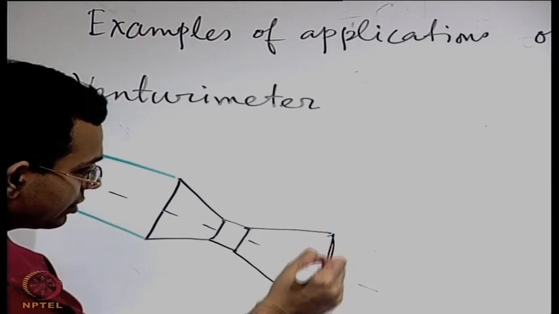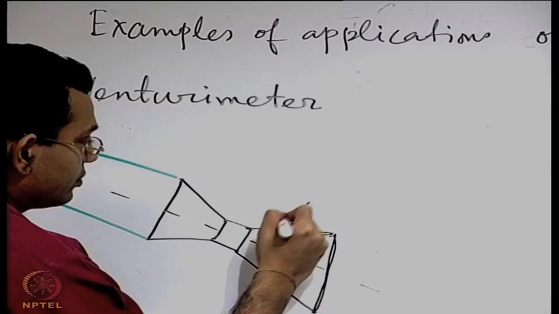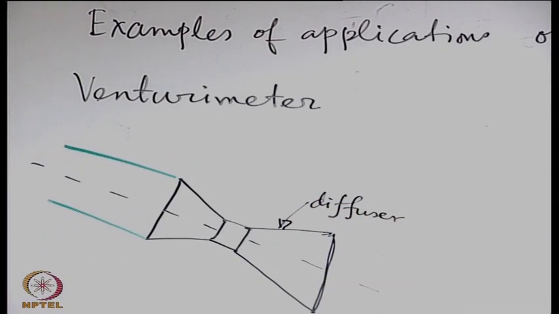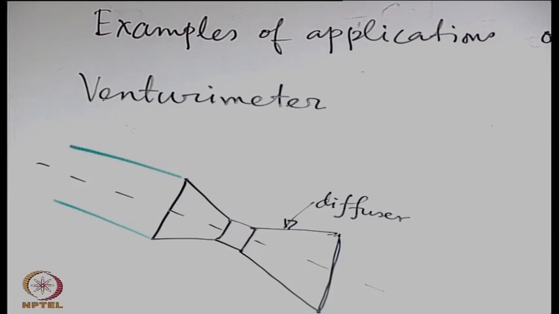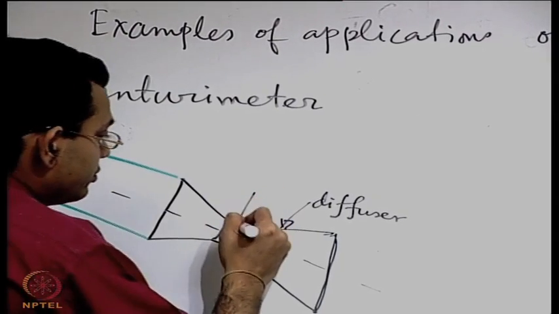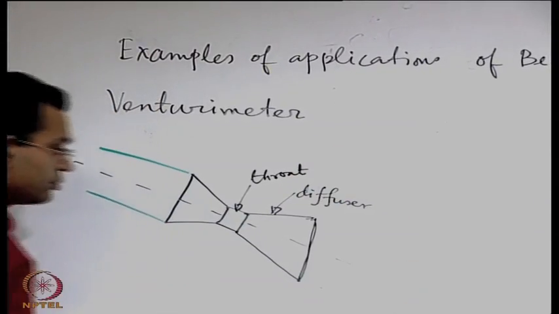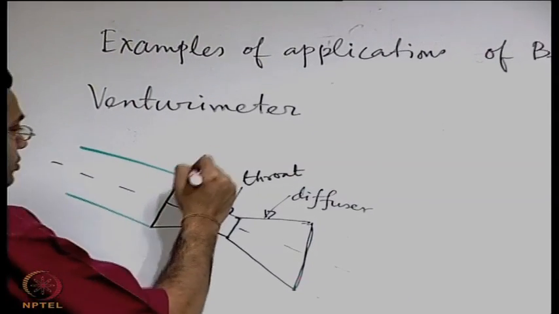So this is known as the diffuser. This is known as the throat. And this is the converging section.